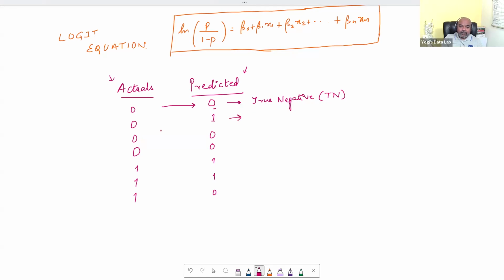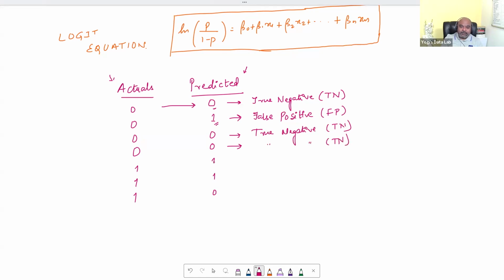Similarly, 0 to 1 is a wrong prediction, meaning it is false, and I have predicted it to be positive. So it is false positive, which is Fp. Similarly, this becomes true negative, Tn, and this also becomes true negative, Tn.